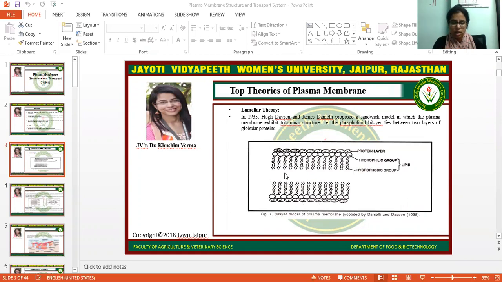Hydrophobic regions are inwards in the lipid bilayer, and the hydrophilic groups are arranged toward the outside portion, interacting with water and with the protein layer. So this arrangement is like a sandwich model, and this is the first theory, which was given in 1935.